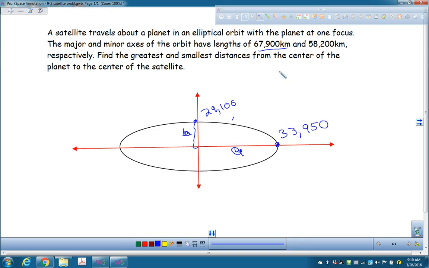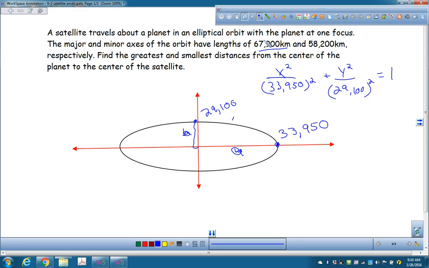Then you could set it up as x squared over 33,950 squared plus y squared over 29,100 squared. Divided by 2. Orientation doesn't matter. You could have done it the other way.